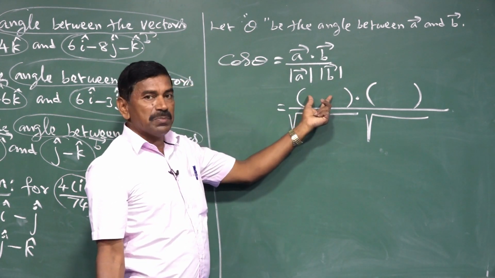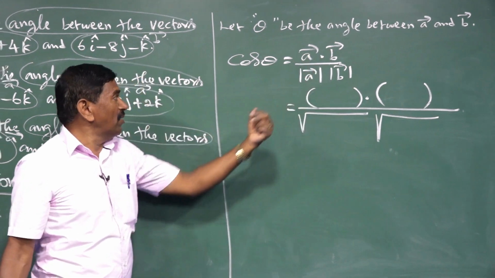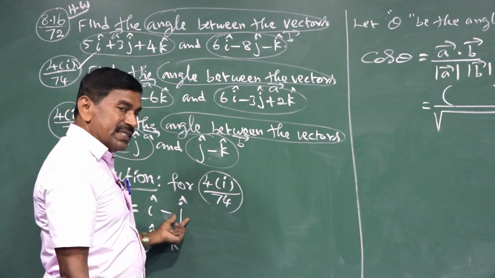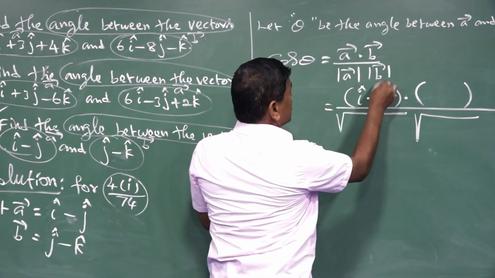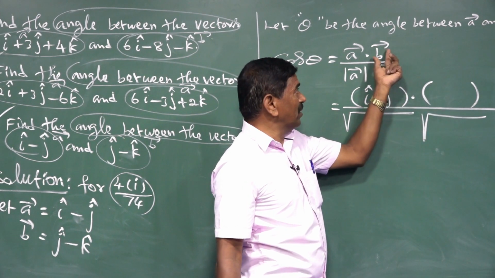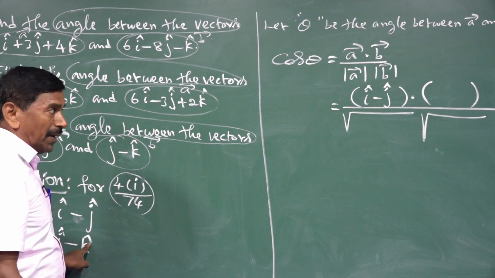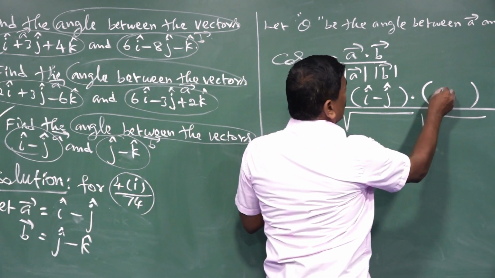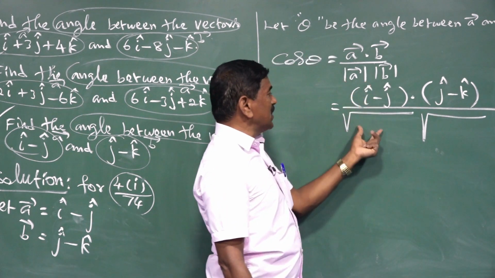Okay. What is the first bracket? Very good, A vector. What is A vector? A vector is equal to I cap minus J cap. Okay, B vector. What is the second bracket? Yes, B vector is equal to J cap minus K cap, divided by modulus A vector.